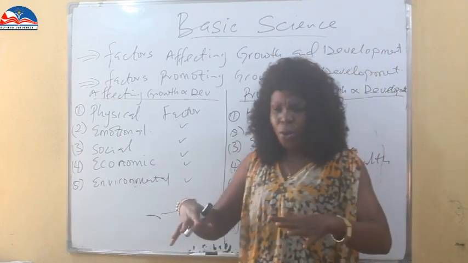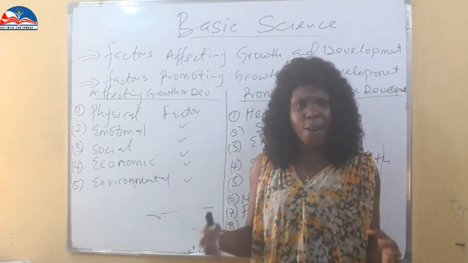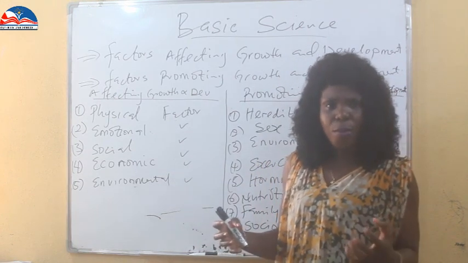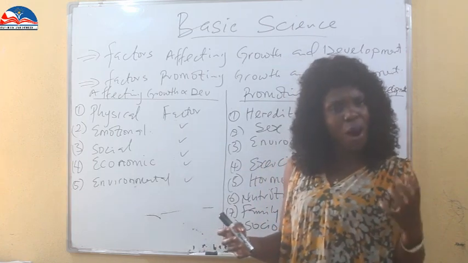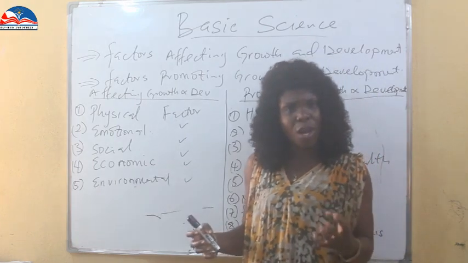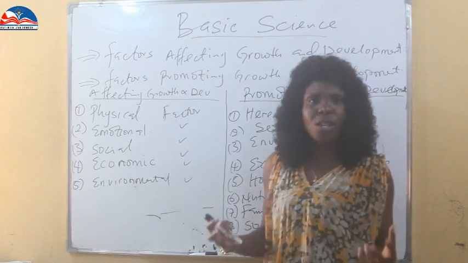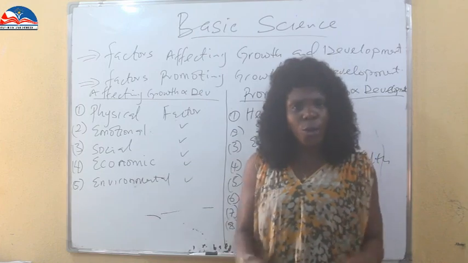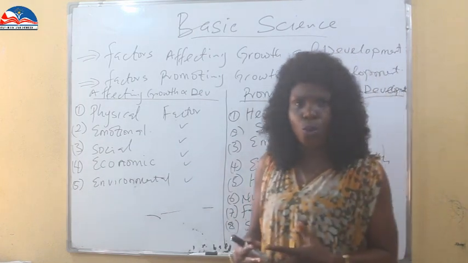If you have five good friends around you and they are goal-oriented people, mentally stable, economically stable, intellectually driven, you see yourself trying to fit into their environment, trying to fit into their group. So our environment plays a great role.